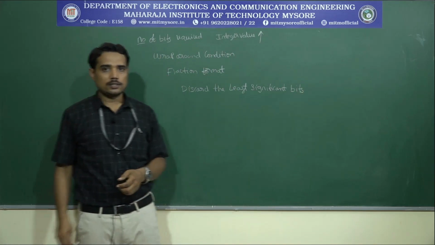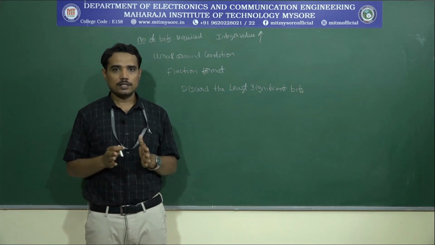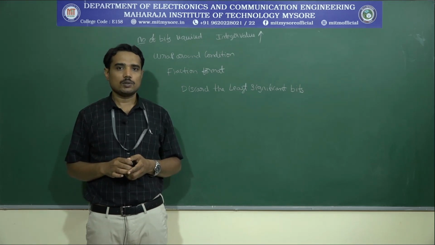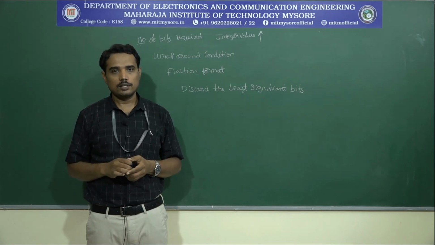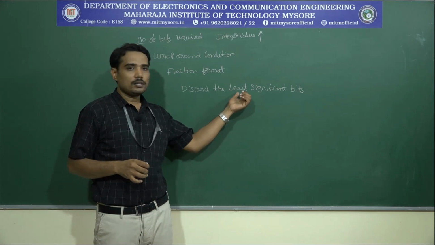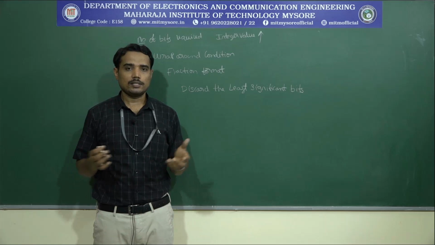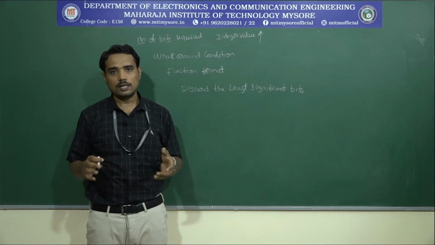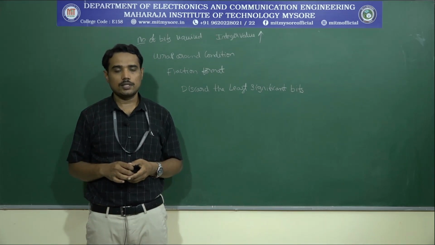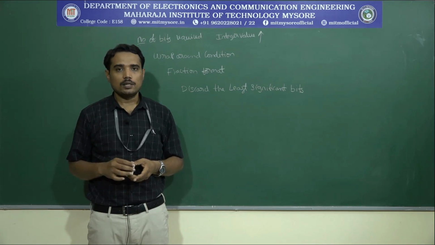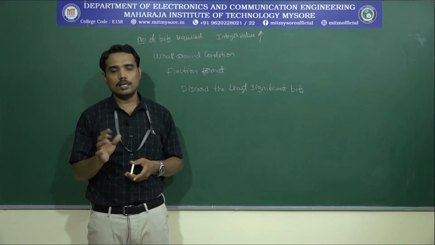In some cases, the result will be within the fixed number value only. In some cases, if the fractional number grows to a larger value, then we have to discard the least significant bits. Then one may ask a further question, if you discard the LSB values, then what about the accuracy? The accuracy will be lost, but not to a greater extent, only to a lesser extent.